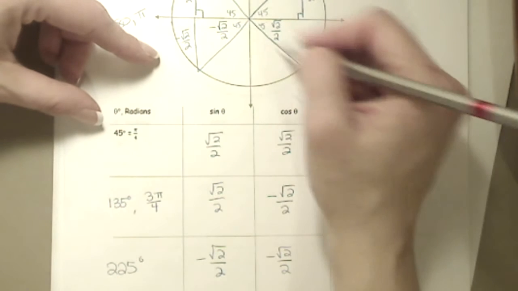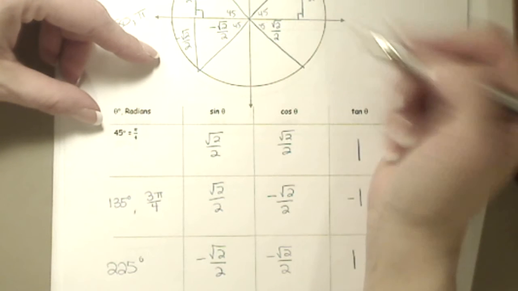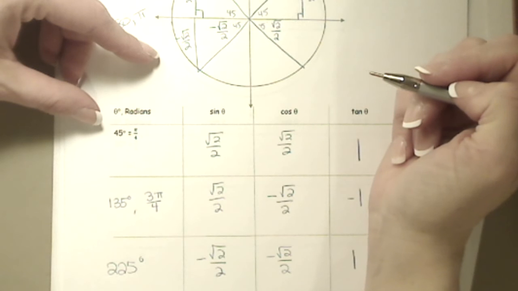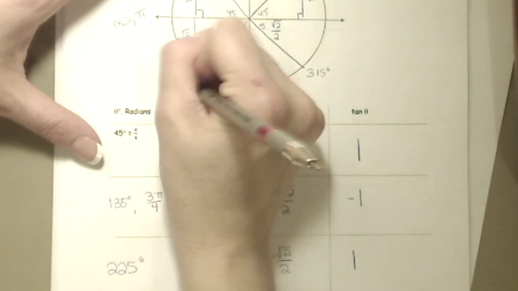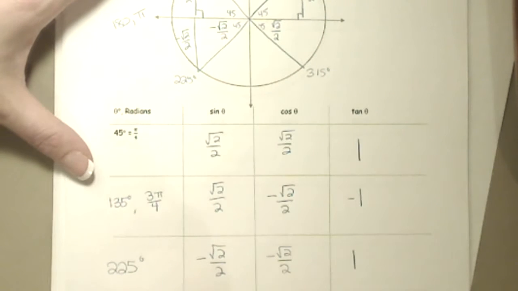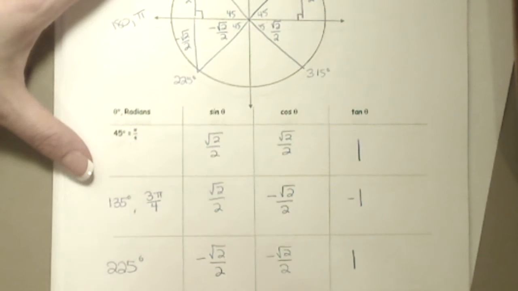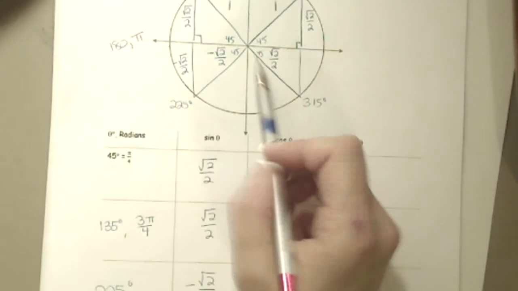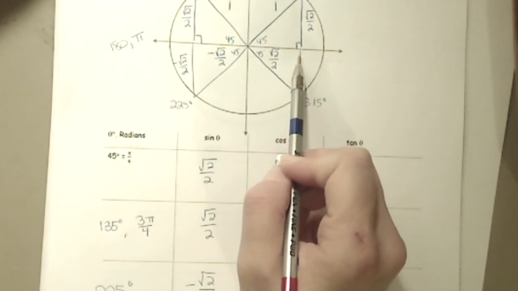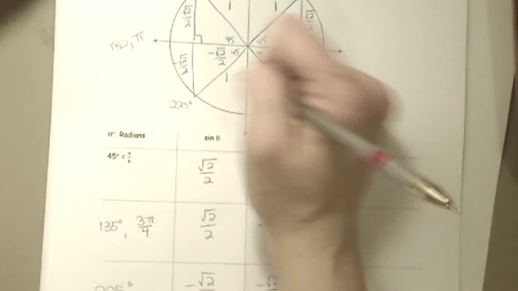And then in quadrant 4, if you're 45 degrees away from 360, or 360 minus 45 degrees, we're going to be talking about 315 degrees. And as you can see, we will have a positive cosine, a negative sine.